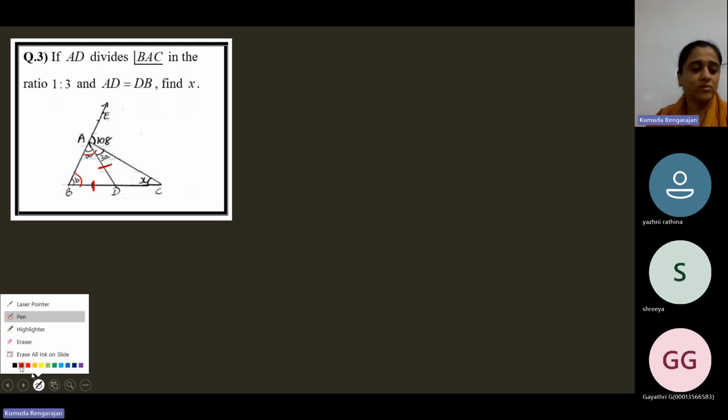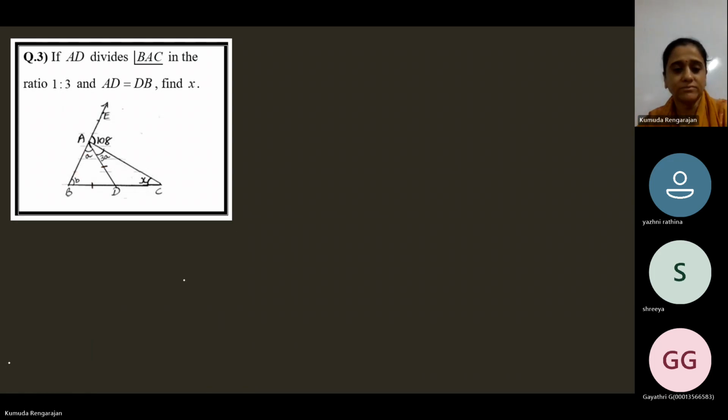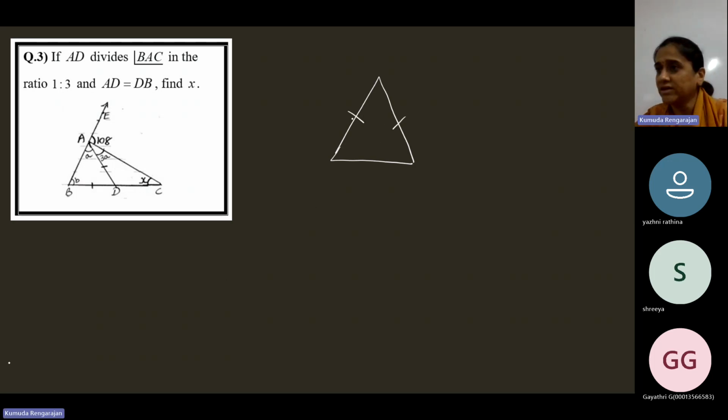Okay, fine. So we need to recall that. See here. In a triangle, if this side is equal to this side, when these two sides are equal, the angles opposite to them are also equal. The angles opposite to equal sides are equal.